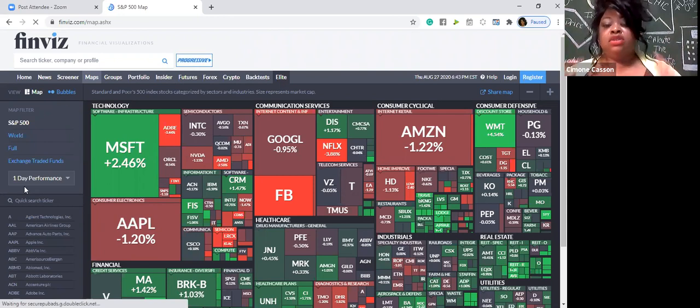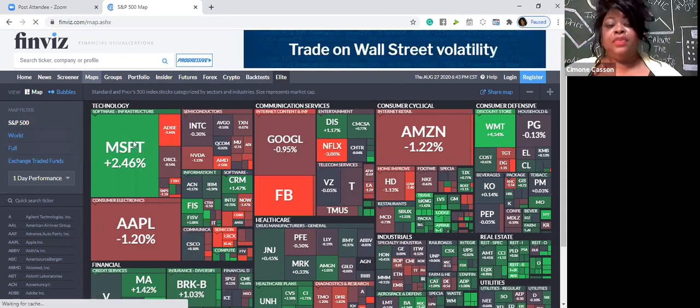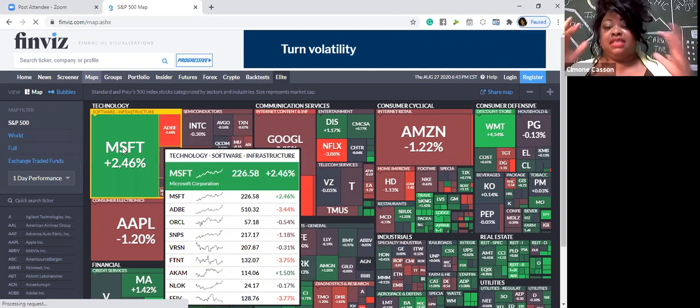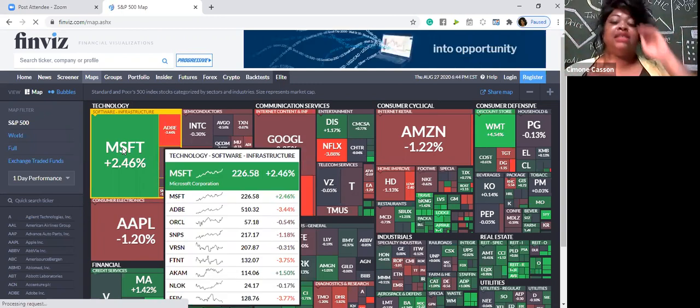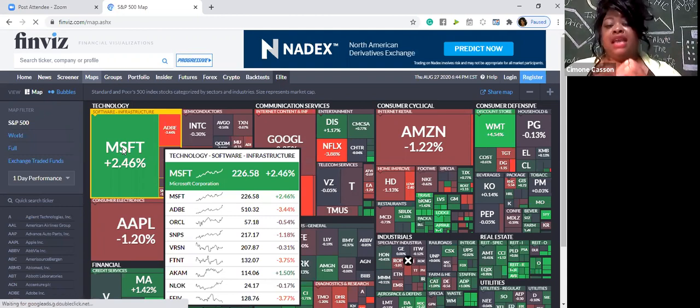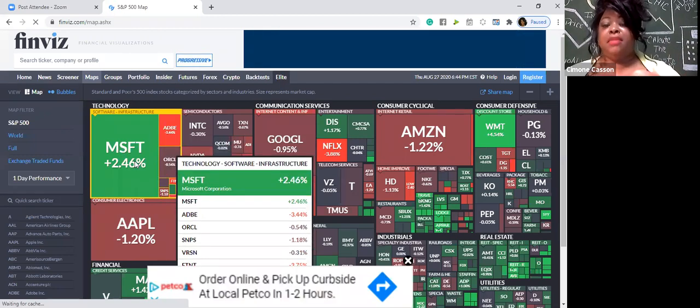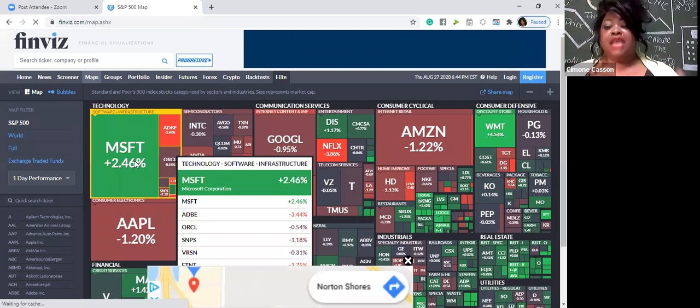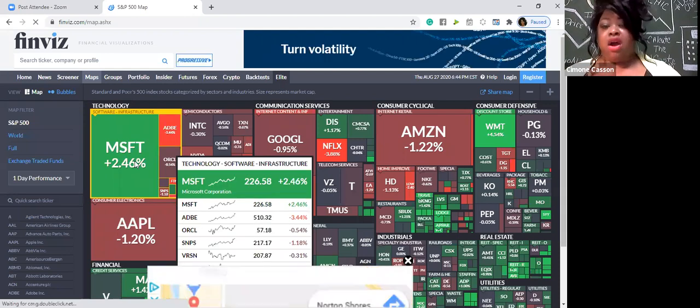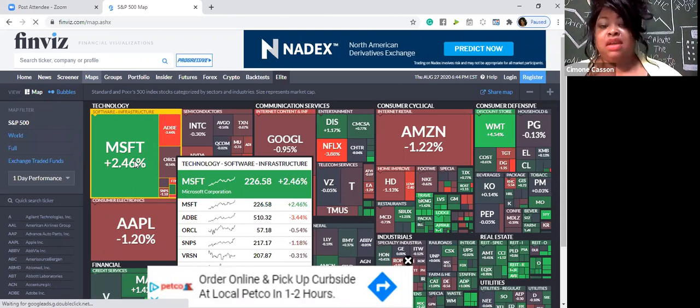So the more intense the color, the better. It will tell you what that is. So it says software infrastructure, and then it lists the companies that they're measuring against, right? These are the companies in that sector that this map is reflecting.